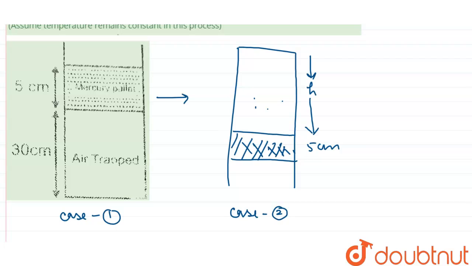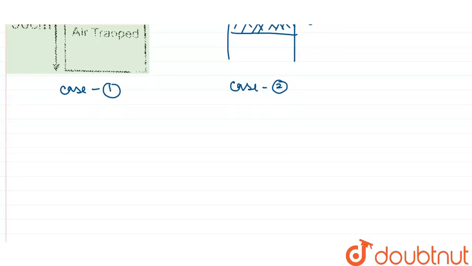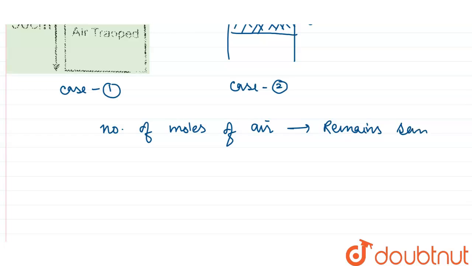Now as we can see, when we inverted this, the number of moles of air remains the same. The air trapped in this column and the air trapped in the other column remain the same. That means the number of moles of air remains same. There is no change in the number of moles.